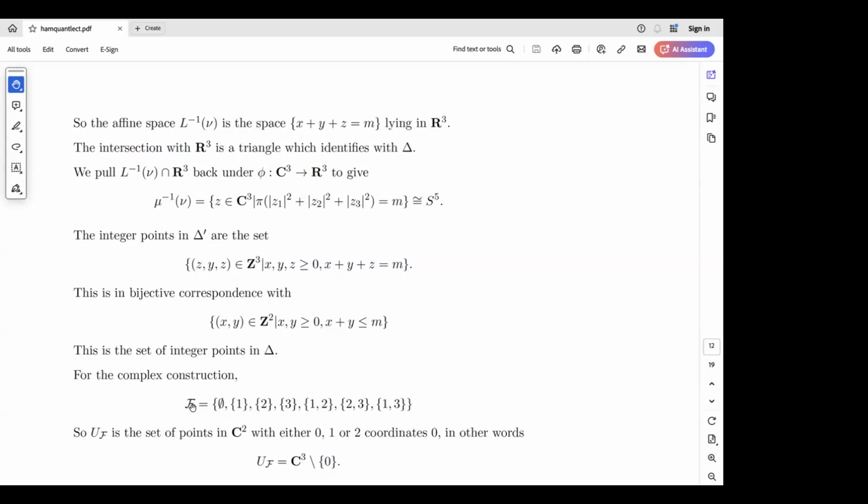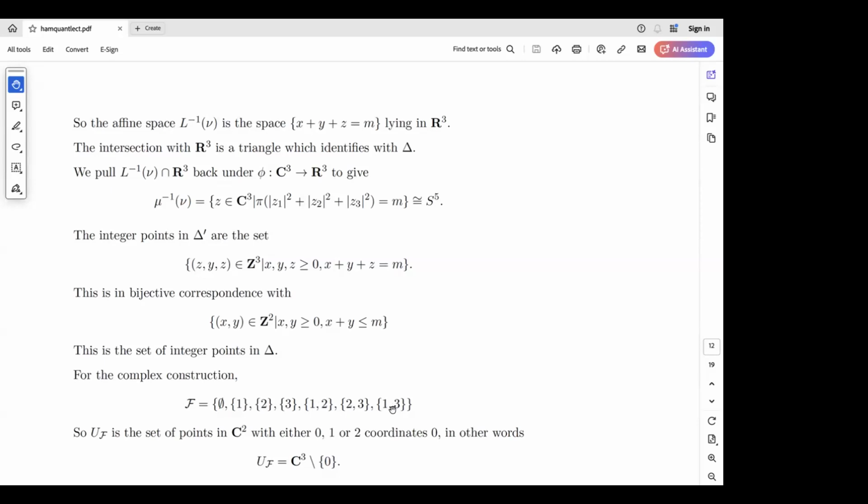Thank you. Okay. So for the complex construction, script F is, so there's the empty set, there's three sets with one point in each of them, 1, and 2, and 3, and then two sets with 2 points in each, so 1, 2, and 2, 3, and 1, 3.